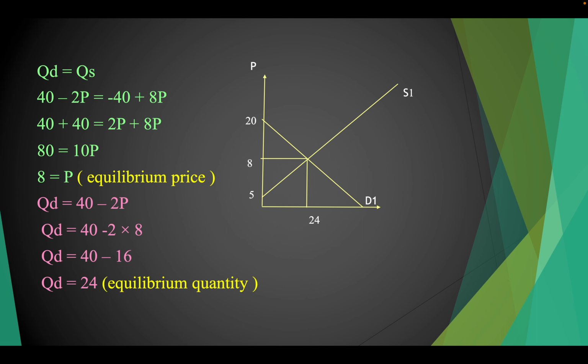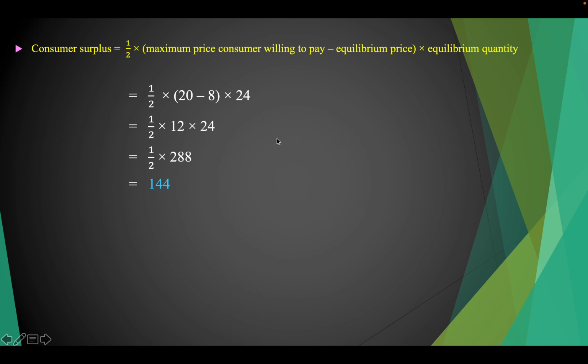Then you can see, children, it's now easy to find the consumer surplus and producer surplus. There are equations to find the consumer surplus and producer surplus. The consumer surplus equation is half into, within brackets, maximum price the consumer is willing to pay minus equilibrium price, close the brackets, into equilibrium quantity.